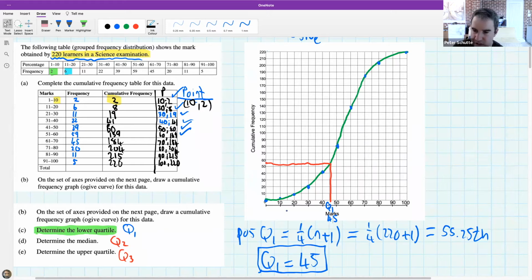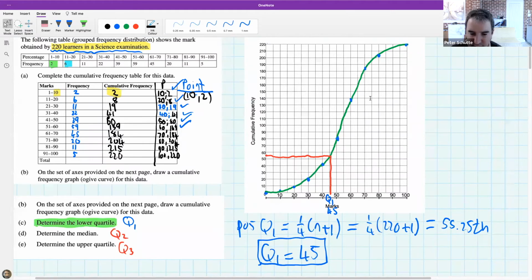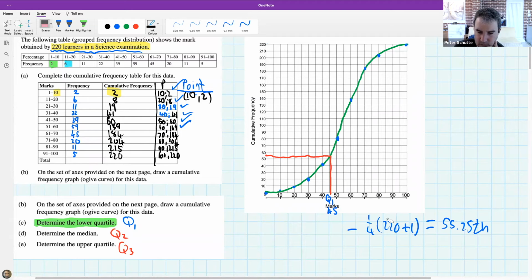If there are any questions, you can just raise your hand. Okay, so Michle, I think you're on the right track there. Yep, position of the median 110.5. That looks good to me. Does anybody agree with Michle about the position of the median?